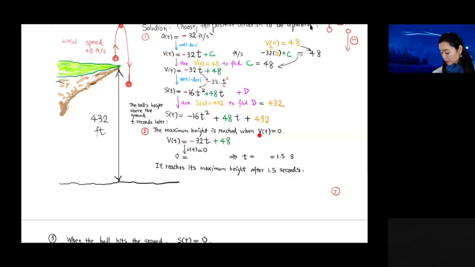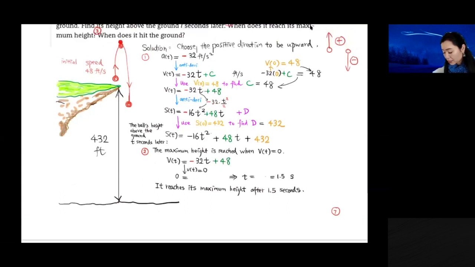So V(t) equals 0. If I know the time, then I can find out the height. You can use the velocity being 0 to find the time, and then substitute the time into the position function to find the height.